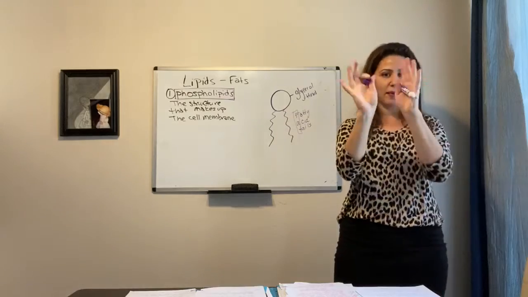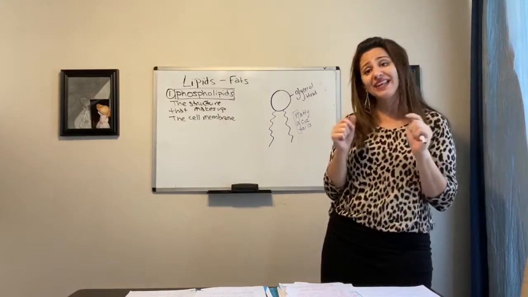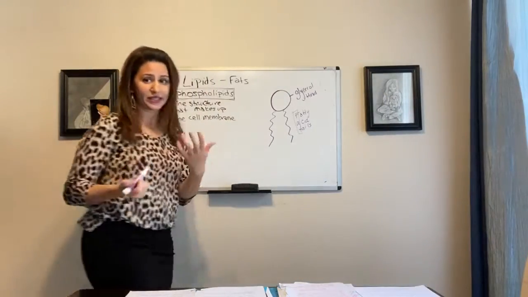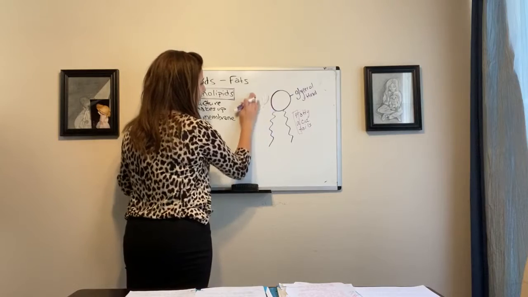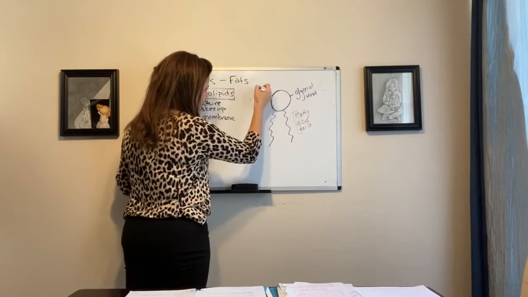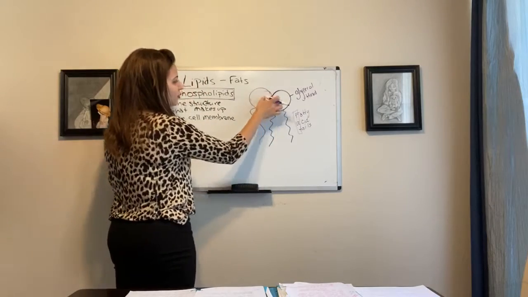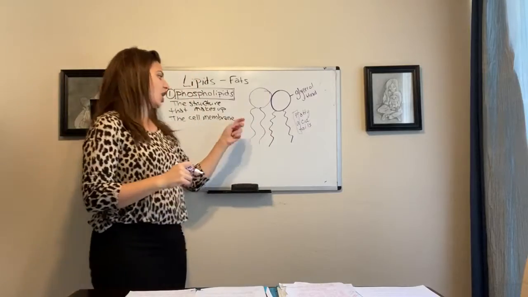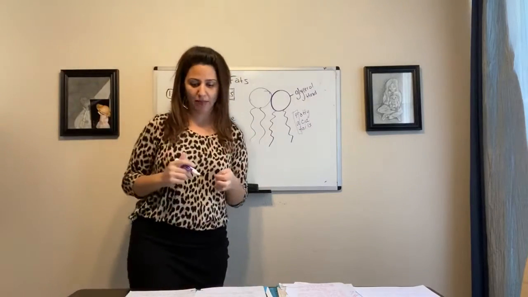I'm going to post the actual image on Google Classroom, because these phospholipids and triglycerides don't actually connect with each other. Some of them are going to be near each other when we create these structures, but they're not actually connected as a compound, okay? And we're going to talk about that when we discuss the actual structure of the cell membrane.